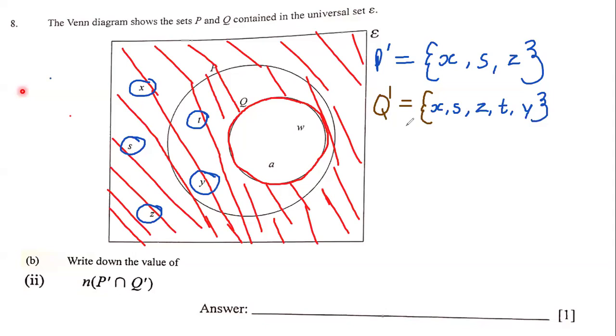So now we need to get the intersection of P and Q. What is the intersection of P and Q? What do they have in common? So they have X in common. What else do these sets have in common besides X? S, very good.